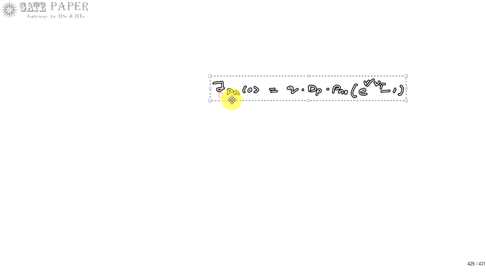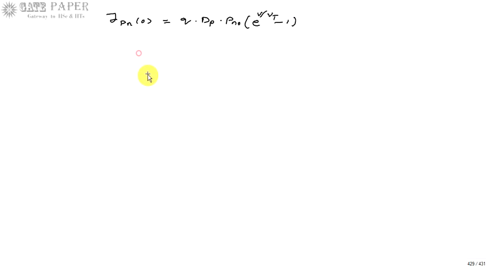to get the numerical value. In this one, Q is known, that is 1.6 into 10 power minus 19. DP is also known, divided by LP.